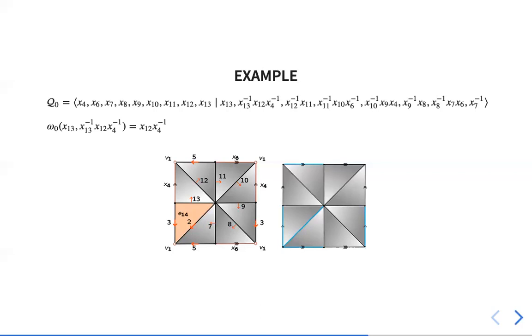Then you apply a rewriting rule: you write X13 as the rest of the word in the relator, and then you replace X13 by this word in the rest of the relators, and then you eliminate, this is a collapse, this pair of one cell and two cell, or this generator and relator.